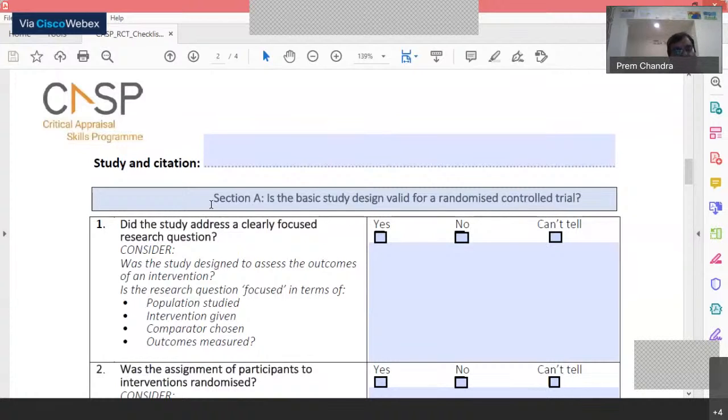You have to look at whether they really formulated a research question using the concept called PICO, which I am sure you know means population, intervention, comparison, and outcome. So you need to review it properly and see whether the question was really formulated based on these criteria of a good research question.